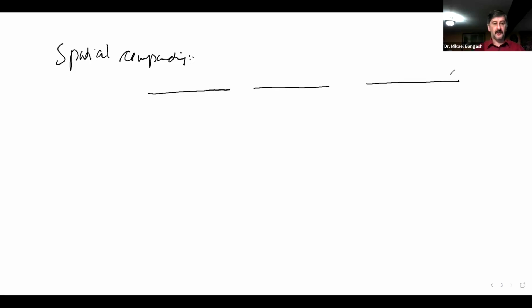This is our transducer, or its footprint, as we may call it, and it is just going to be scanning the same area.